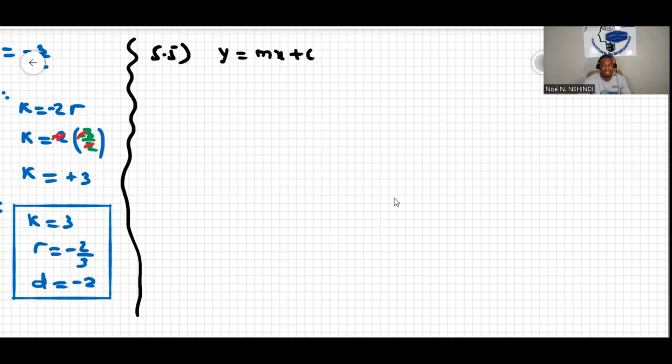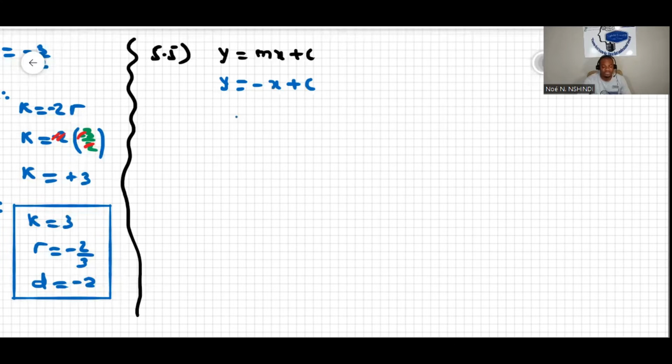The gradient for the line of symmetry is always either positive 1 or -1, but because we're talking about the negative gradient, this will be y equal to negative x plus c. This is the equation of the line of symmetry.